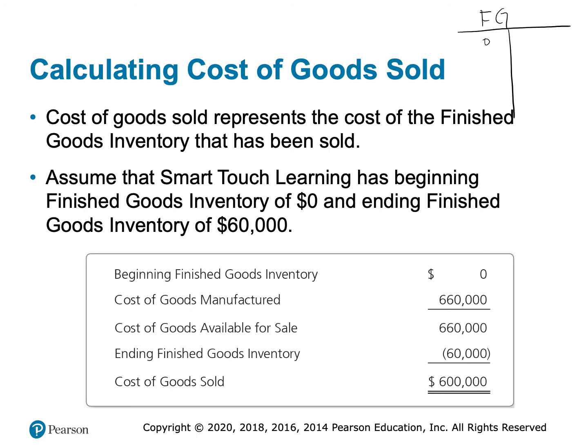But I know that I finished $660,000 worth of goods and put them on my shelf to sell. So I debited finished goods for that. I know that at the end of the period, I go count my inventory and I'm like, well, there's only $60,000 worth of goods left. So that means I must have sold $600,000 worth of goods. So this is how we calculate our cost of goods sold.